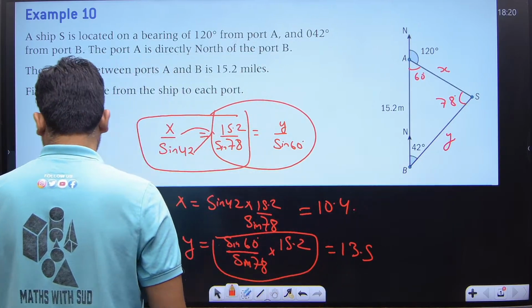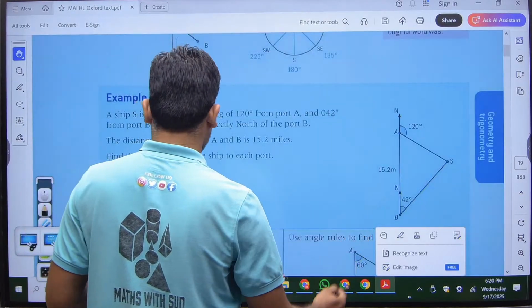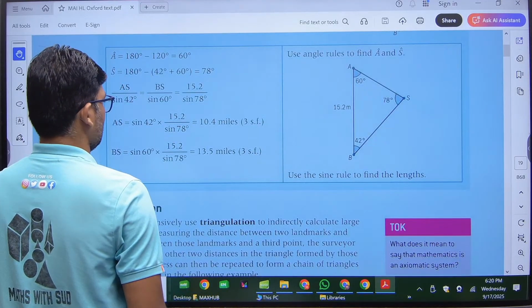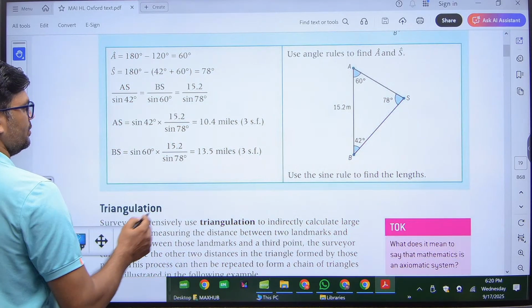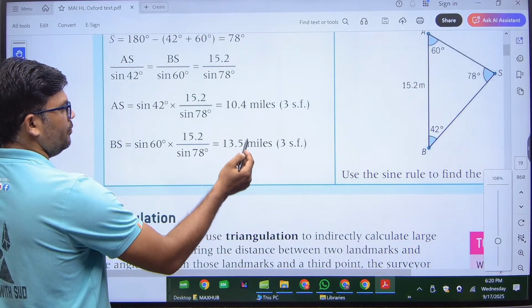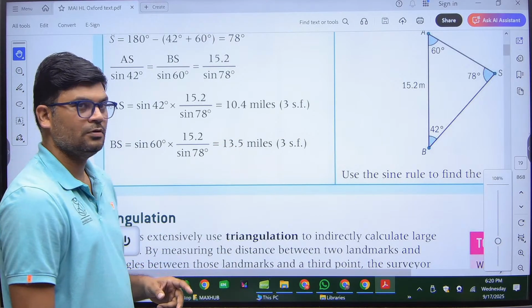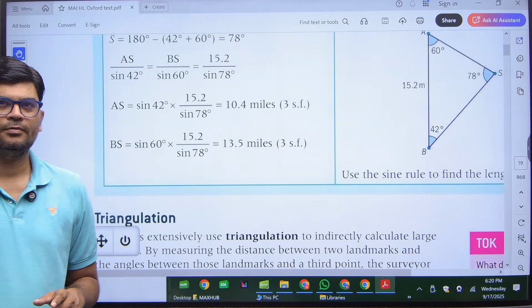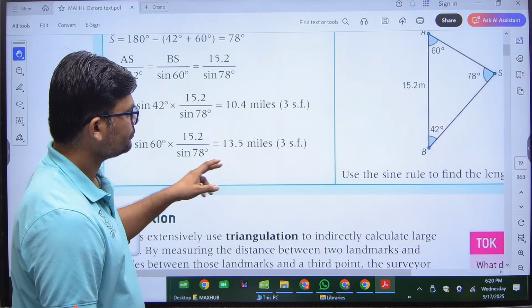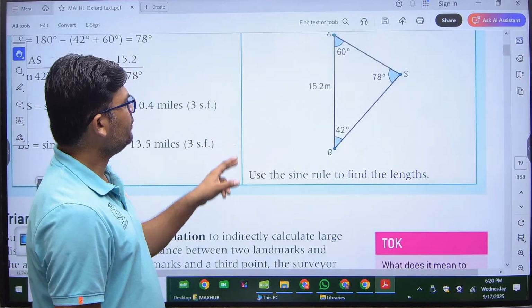Let us check it out. Exactly, 13.5 and 10.4. Yes. Use the sine rule to find the length.